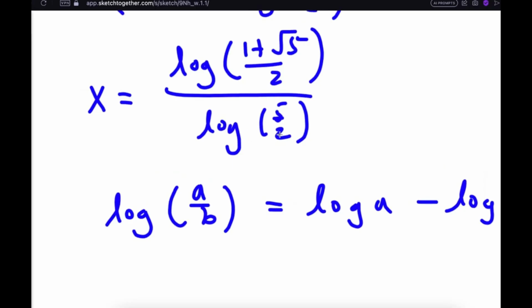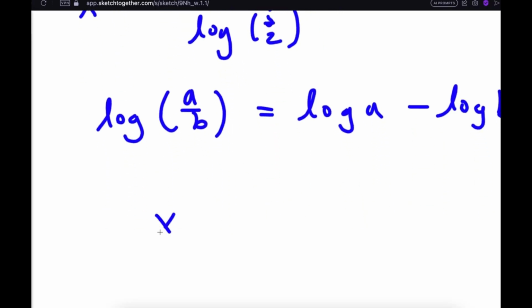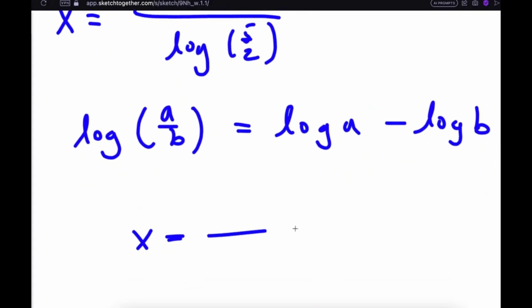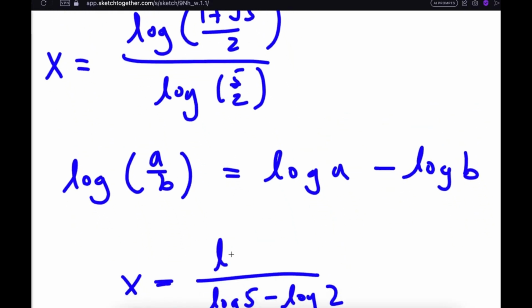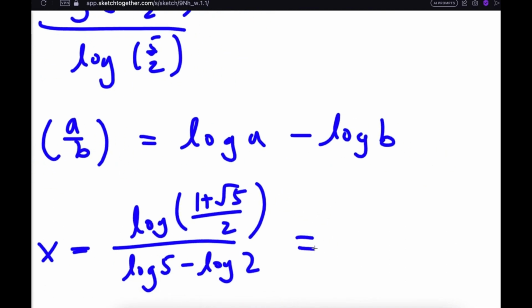So log 5 over 2 is equal to log 5 minus log 2. So now I have log of 1 plus the square root of 5 over 2, over log 5 minus log 2. And this is equal to approximately, if you plug this into a calculator, x is equal to 0.525.